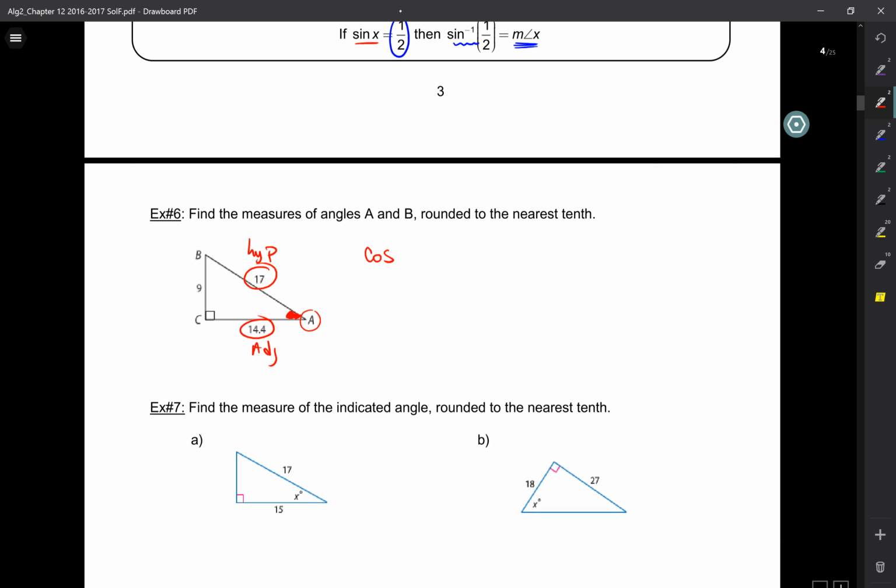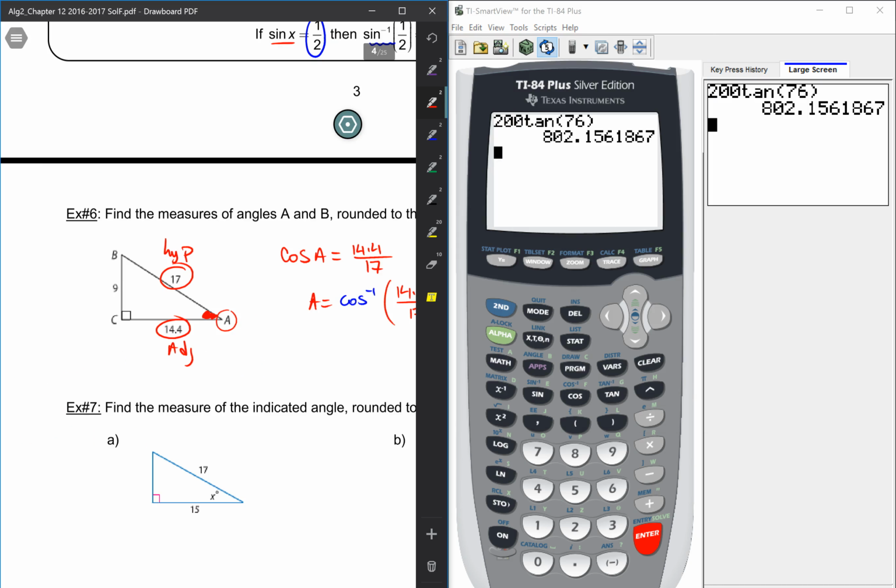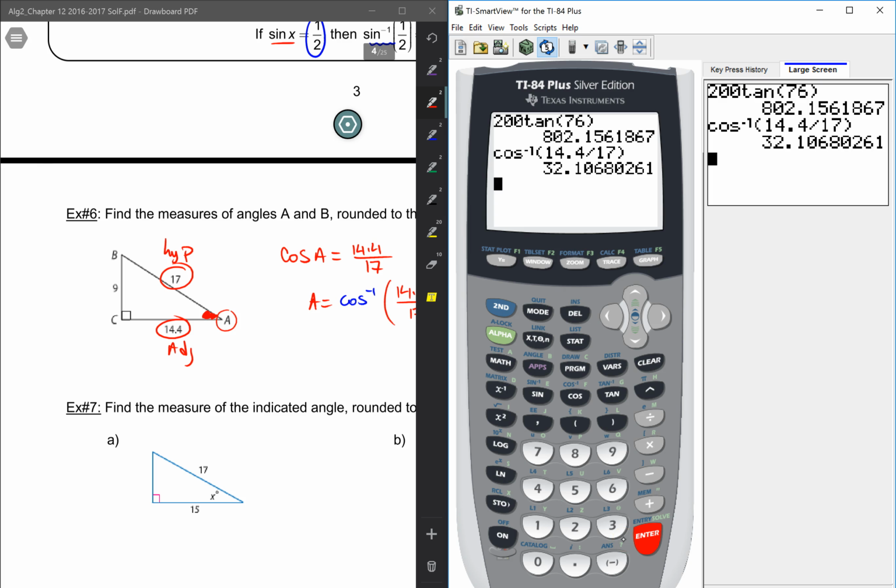Cosine of A equals 14.4 over 17. Now, it's A that I'm looking for. So A is going to be inverse cosine of 14.4 over 17. So we're going to do second cosine, 14.4 over 17, 32.1.